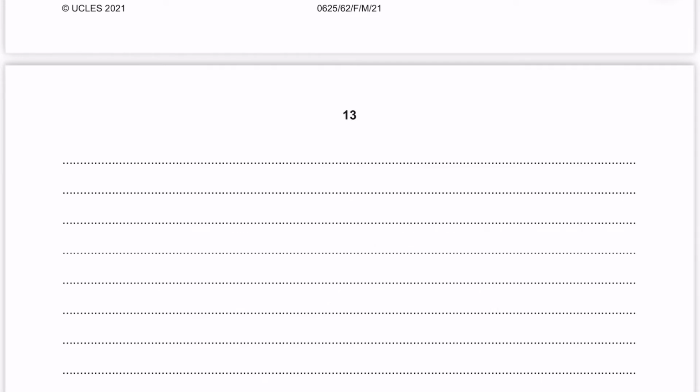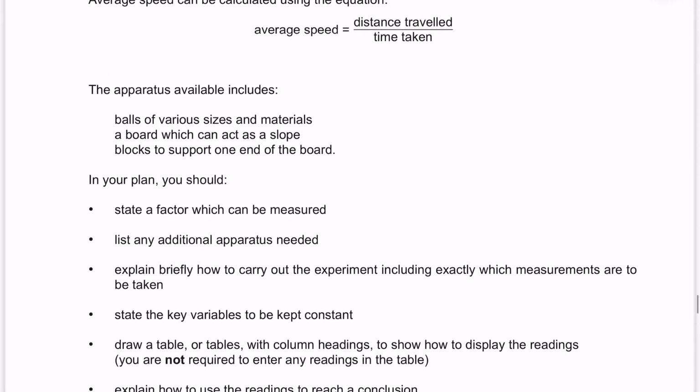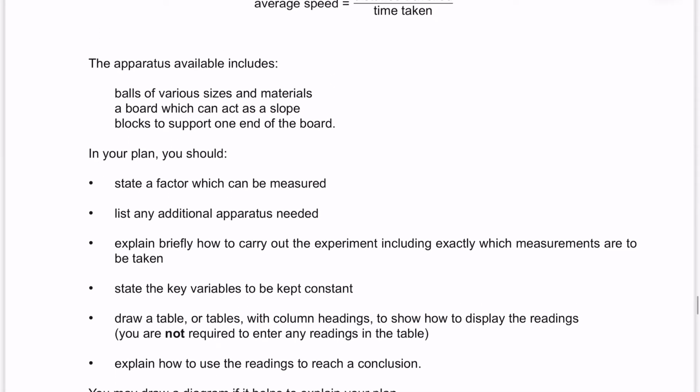So we have to identify an independent variable which can affect the average speed. Since they have mentioned balls of various sizes and materials, we'll go for size or diameter of ball as the independent variable.